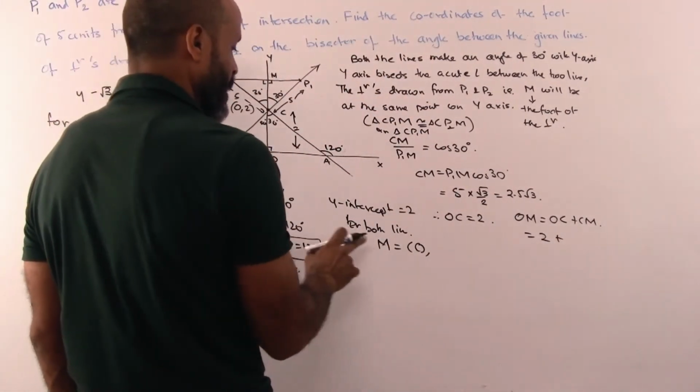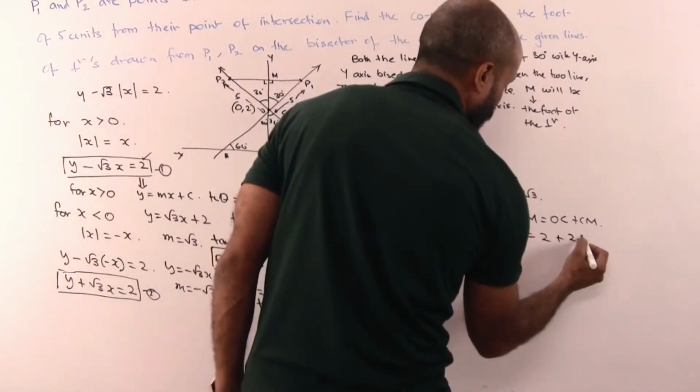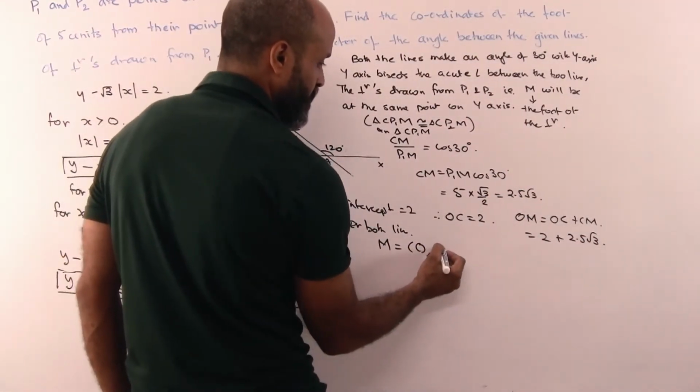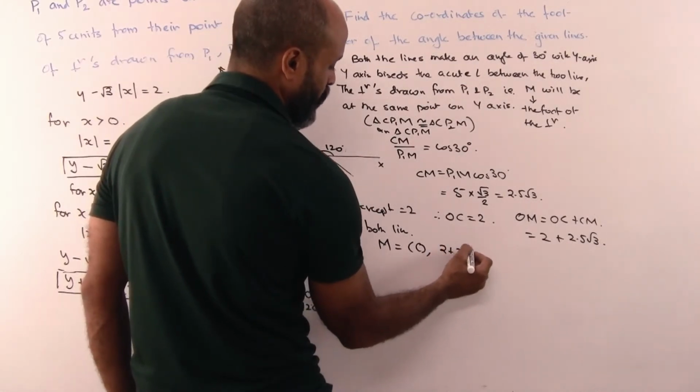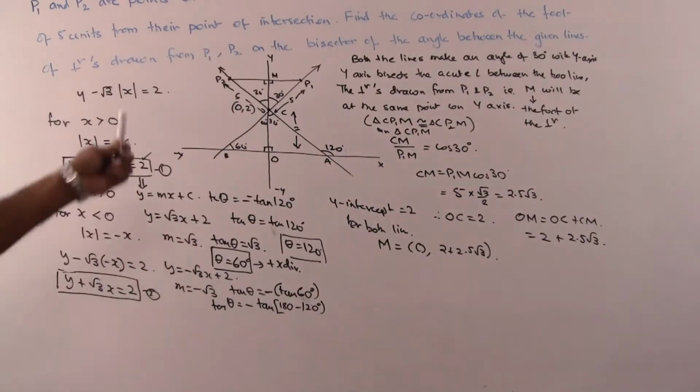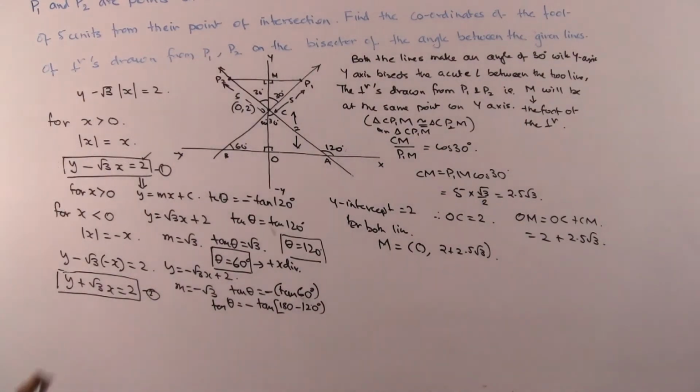OC we know is 2 and CM is 2.5 under root 3. So this will be 0 and 2 plus 2.5 under root 3, whatever the value comes out to be. This is how we can find the entire solution to the problem.